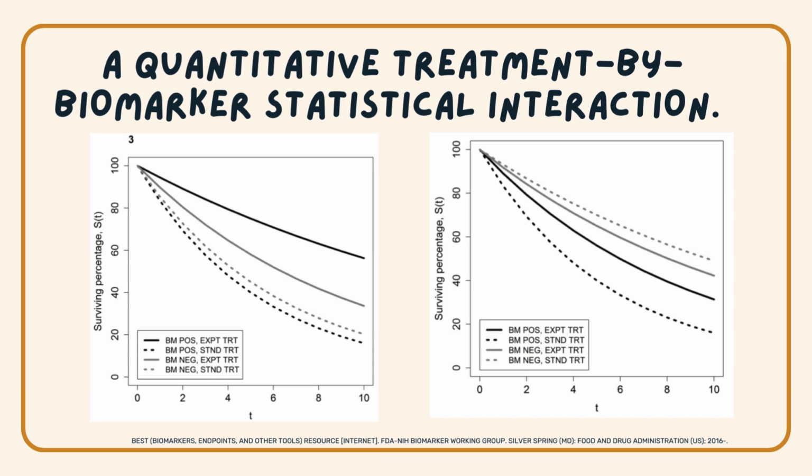Grey is for biomarker negative. Within each biomarker subgroup on the left-hand side, we can see the survival is substantially longer for patients who receive the experimental therapy, right? Both solid lines are on top, meaning you have a better survival percentage.